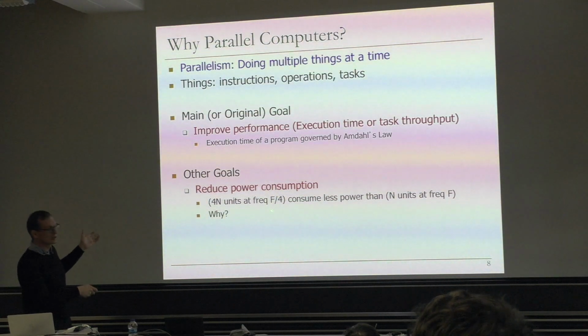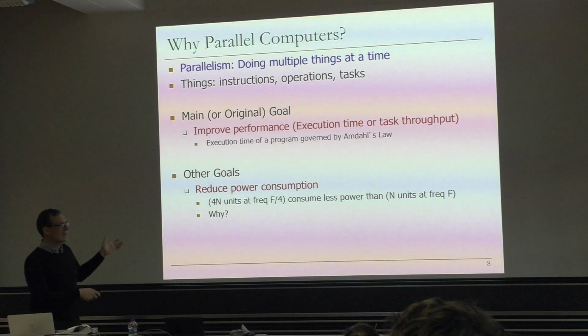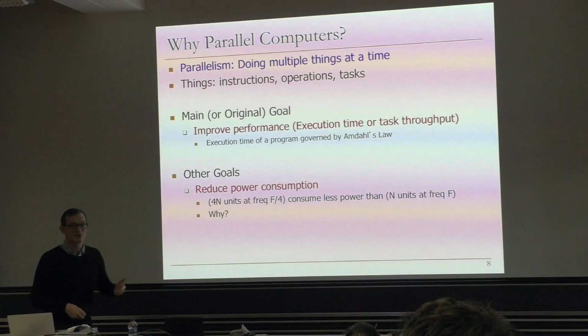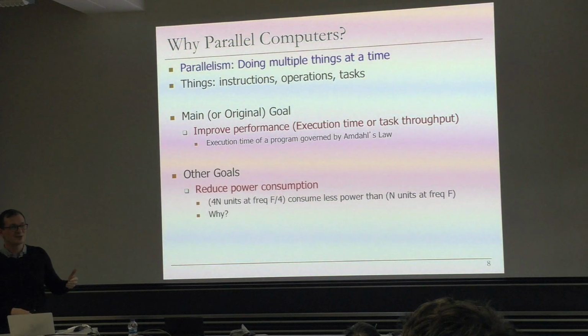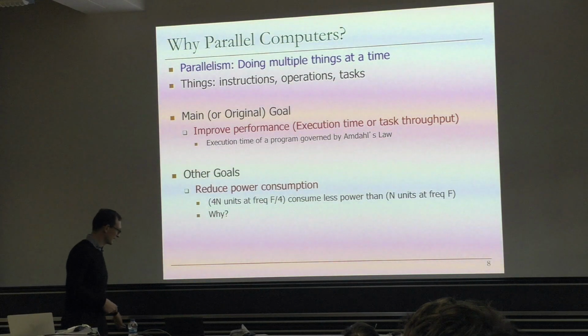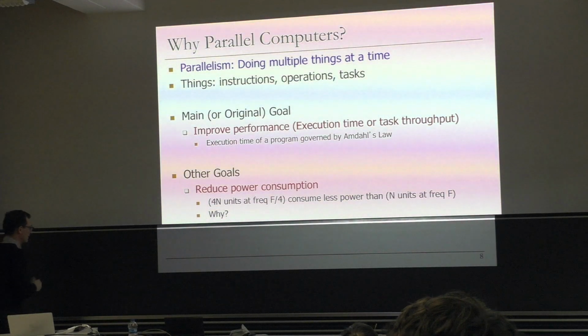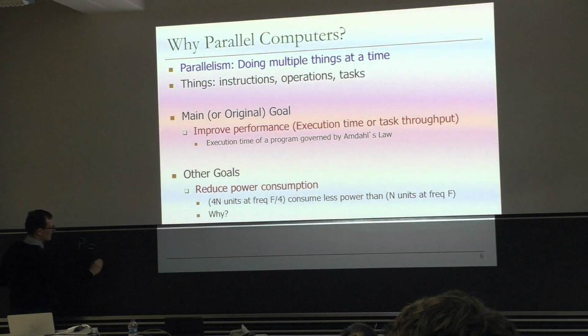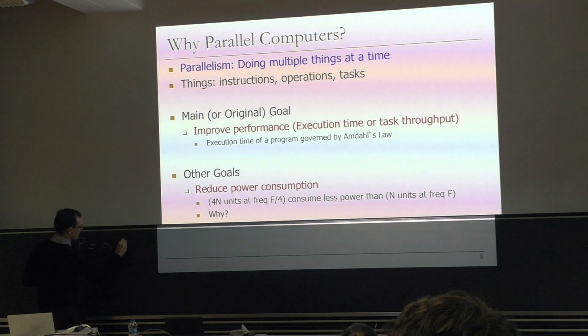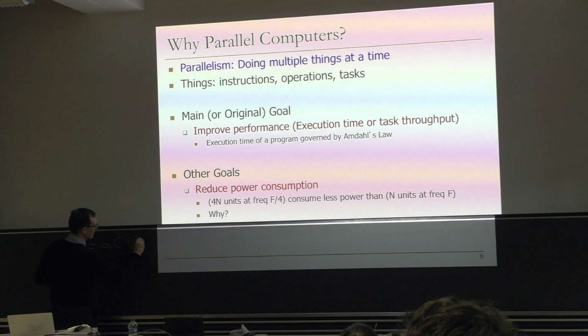Because you're very clearly running at a lower frequency, and lower frequency enables you to run at low voltage also. If you remember the dynamic power equation, dynamic power is some activity factor times capacitance times voltage squared times frequency.